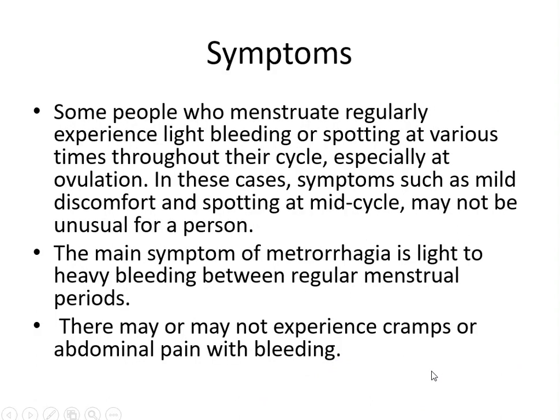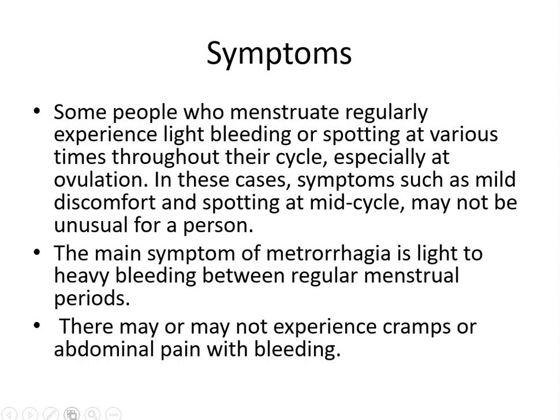Next, symptoms. From the definition we can identify that women can experience bleeding that may be light or spotting, but at variable timing. Some people who menstruate regularly experience light bleeding or spotting at various times throughout the cycle, especially at the time of ovulation.